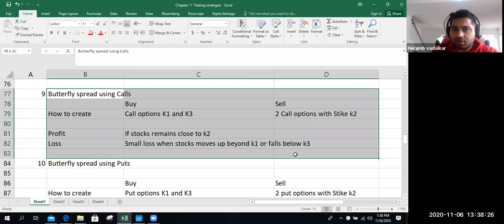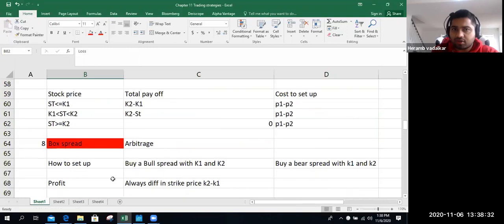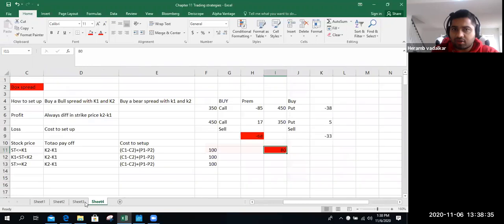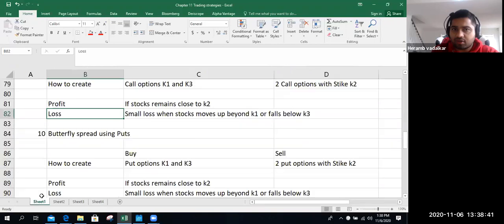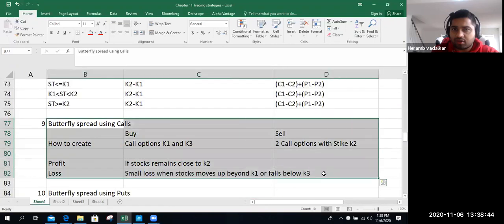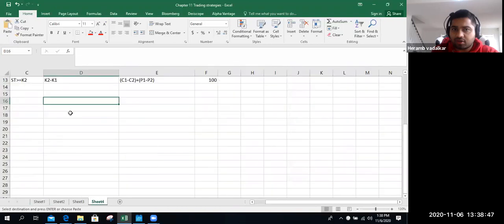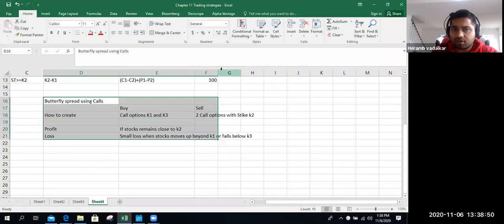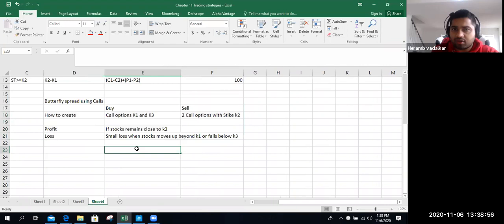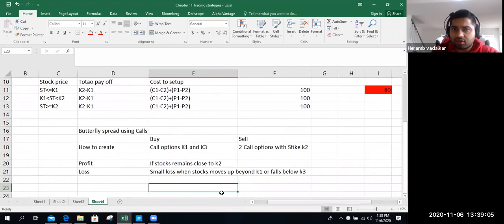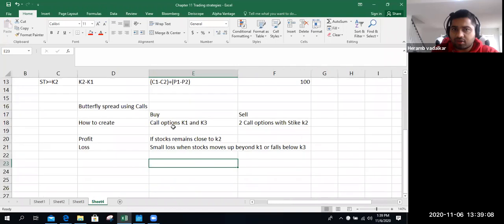Next is the butterfly spread. So I'll copy this. We are discussing butterfly spreads using call options. So how to do a butterfly spread?